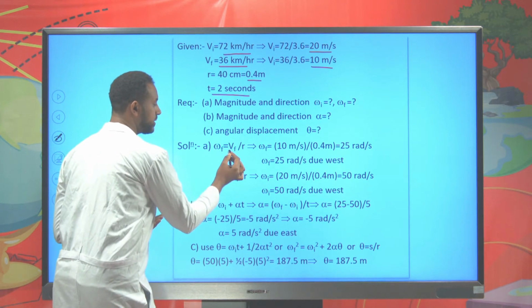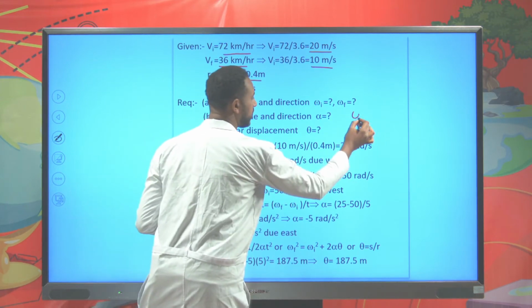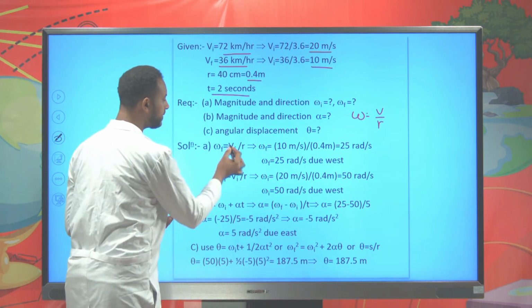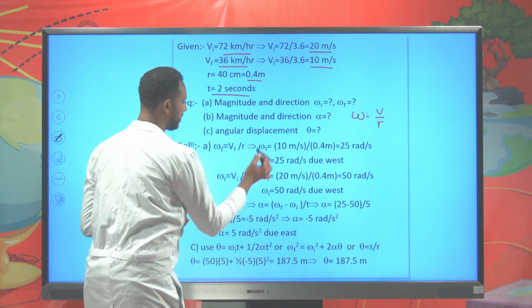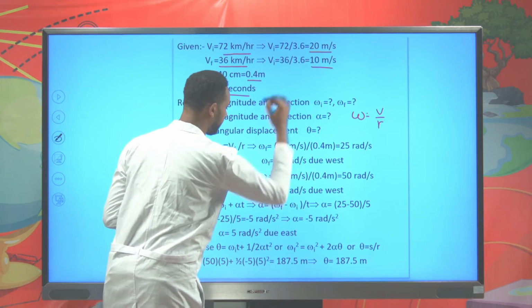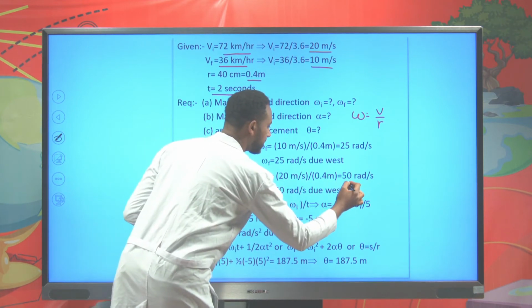Angular velocity is related to the linear velocity over radius r. We have said that omega is v over r. The initial linear velocity is 20 meter per second over 0.4. When you divide this, you find it to be 50 rad per second.